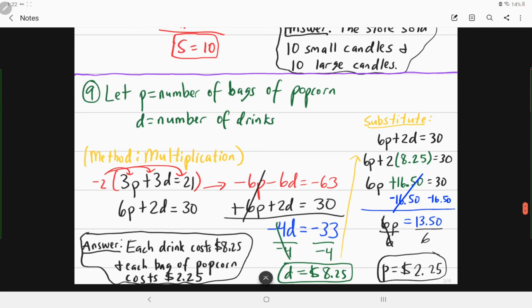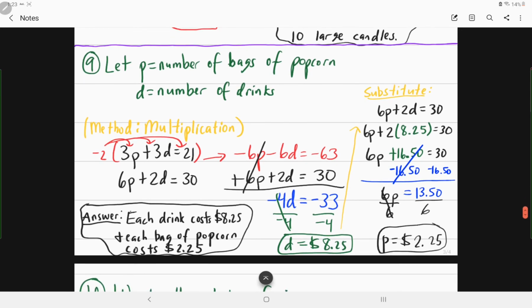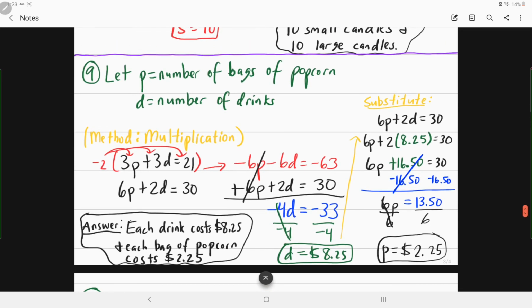Okay, number 9. In number 9, we have two people went to the movies and they bought bags of popcorn and drinks. So again, first step, you want to write that let statement. So let P equal number of bags of popcorn. And D, let D equal number of drinks.